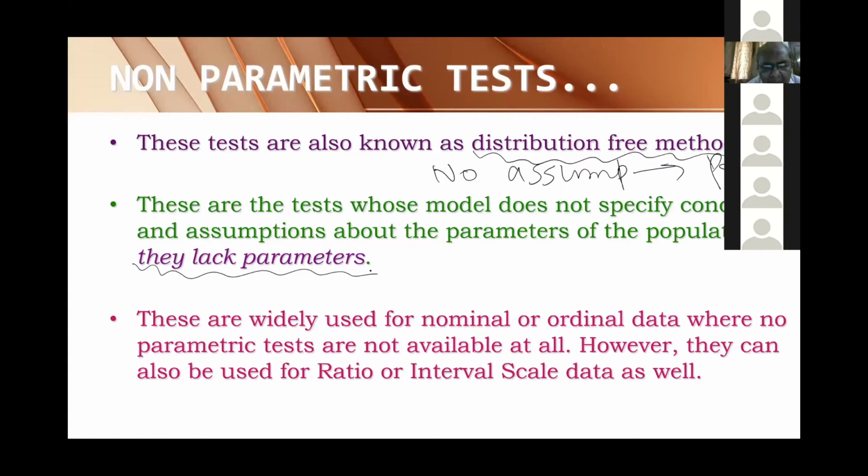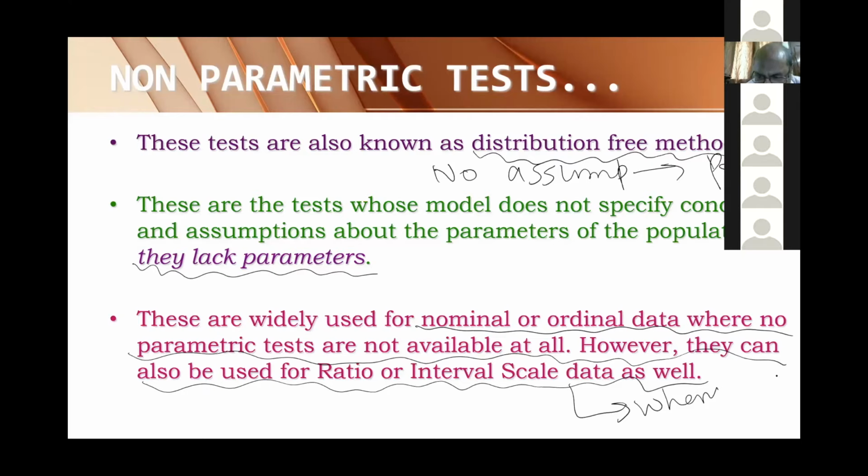These are widely used for nominal and ordinal data where no parametric tests are available at all. However, they can also be used for ratio or interval scale data when assumptions of parametric tests are not satisfied.